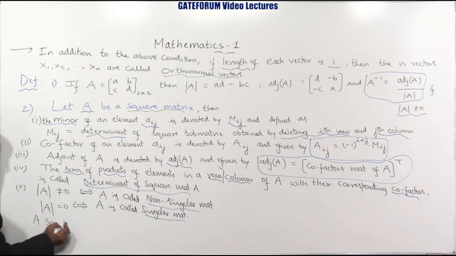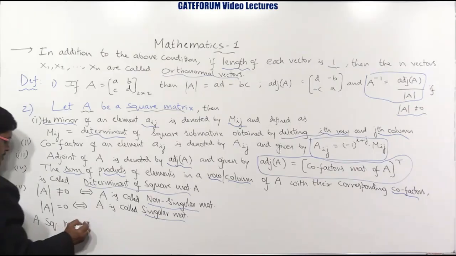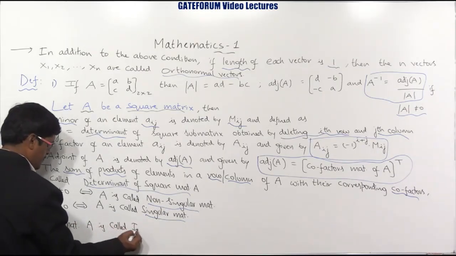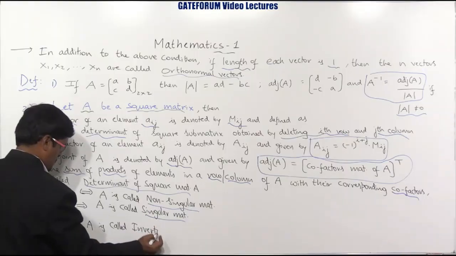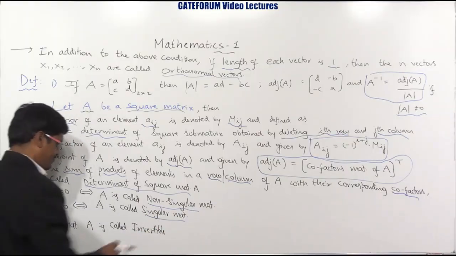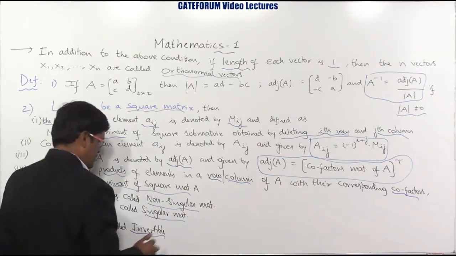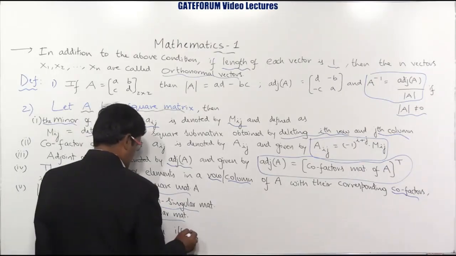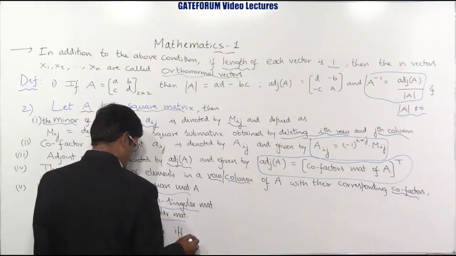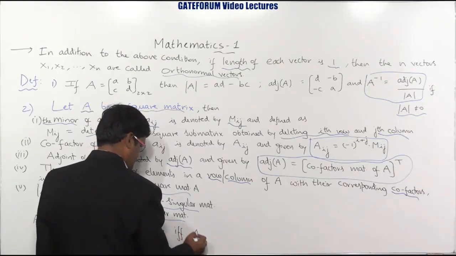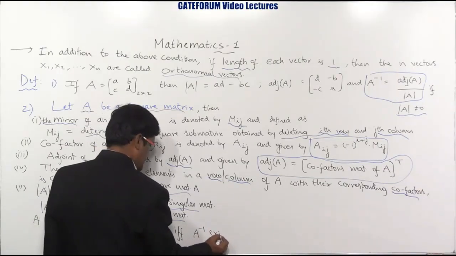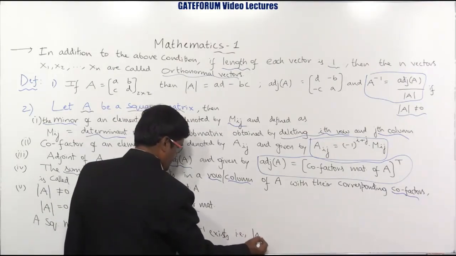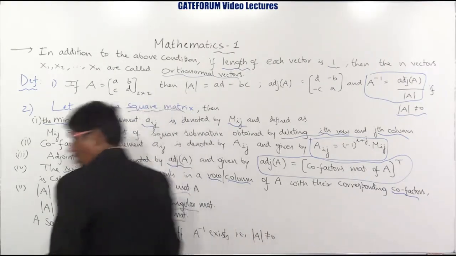A square matrix, SQ means square, MAT means matrix, is called invertible if and only if A inverse exists, that is, determinant A not equal to 0.